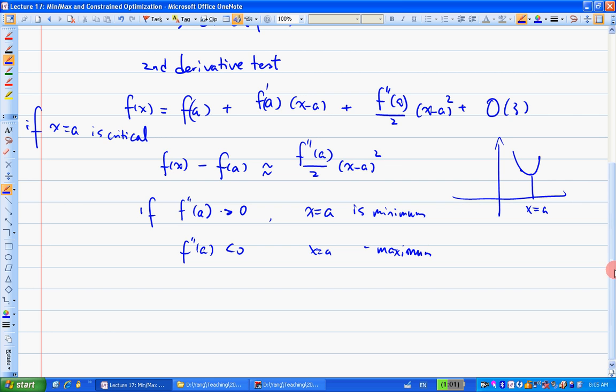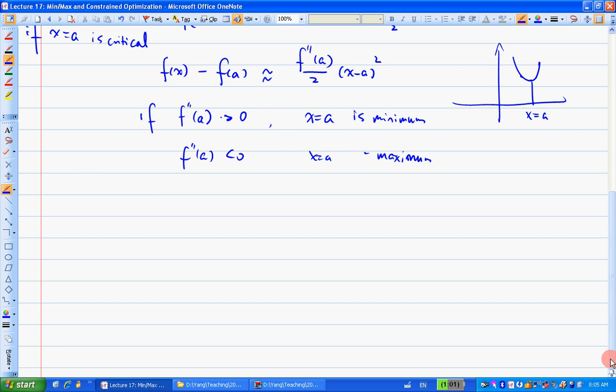Now, we said it's a minimum or it's a maximum. More precisely, we should call that a local minimum or local maximum, because your curve maybe looks like this.